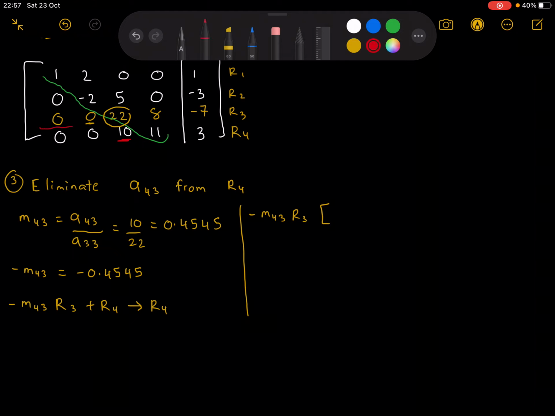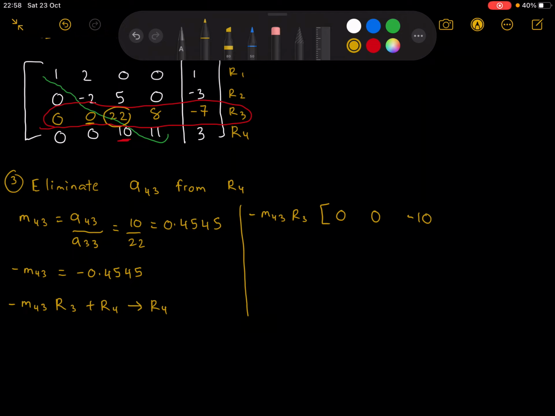We're going to multiply everything in here with the multiplication factor. Negative times 0 is 0, so this one will become negative 10.